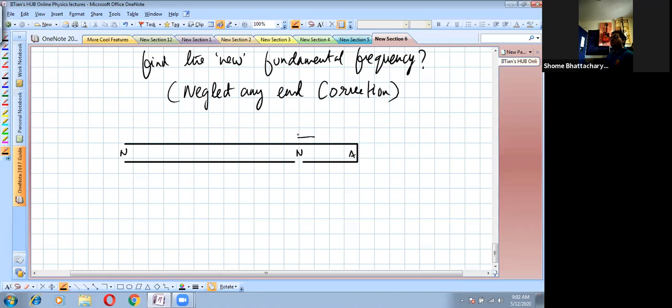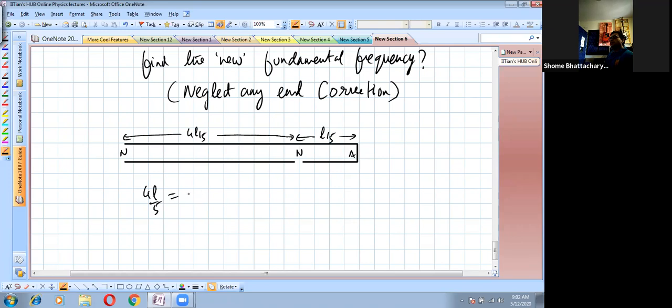So this length, which is L by 5, and this length, which is 4L by 5. So this 4L by 5 space has to be the distance between nodes.